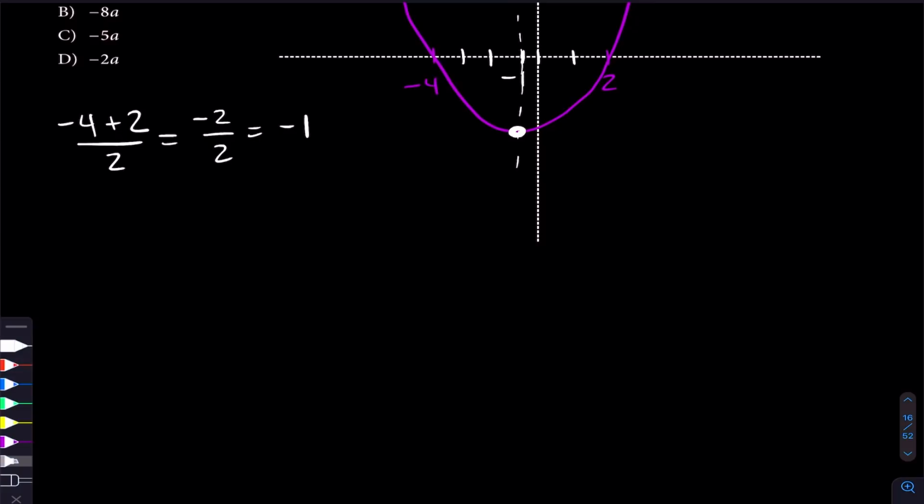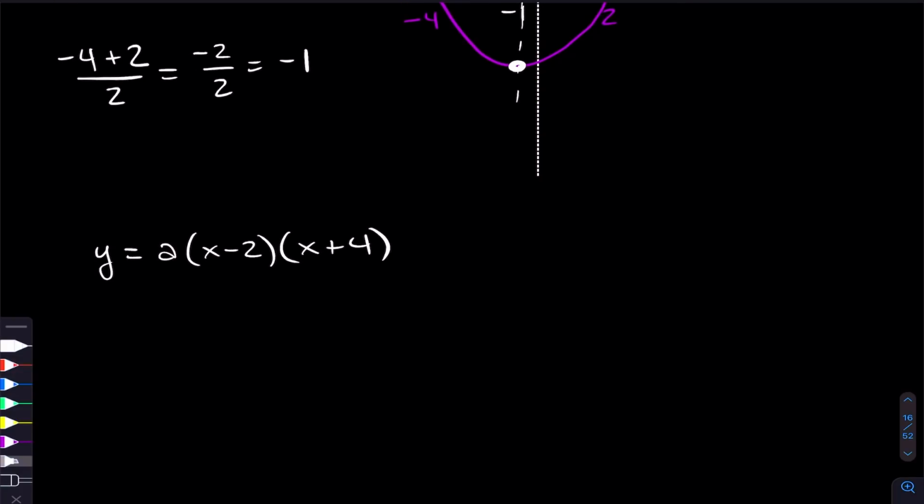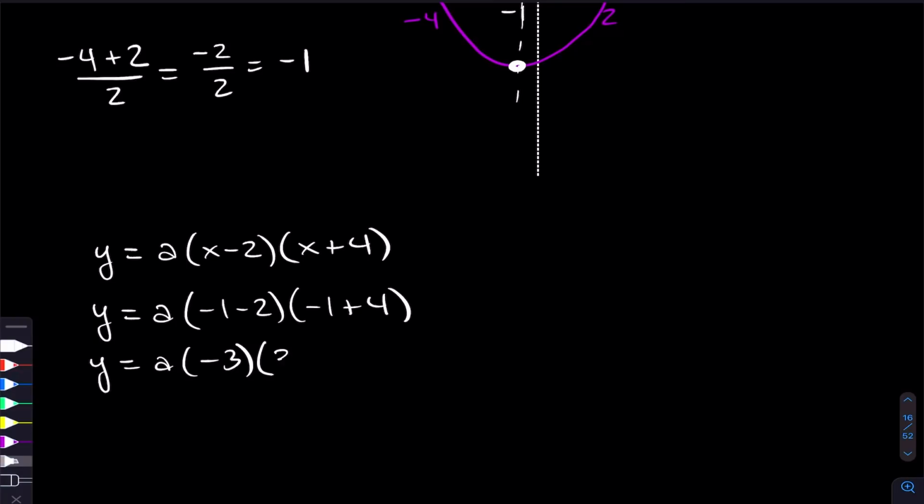So let's do that. y is equal to a times x minus 2 times x plus 4. Plug in that x is equal to -1. And what we end up getting is a times -3 times 3.